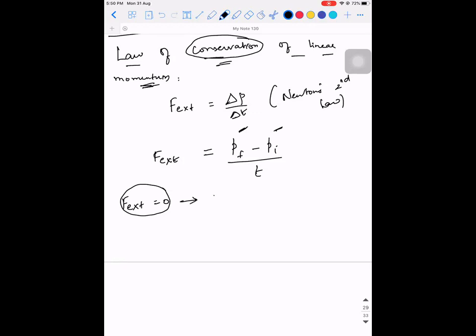So that is the meaning of conservation of linear momentum. So when I say F external is 0, it is nothing but Newton's third law. Correct? Every action has an equal and opposite reaction.